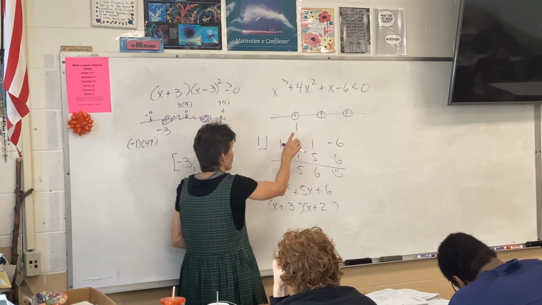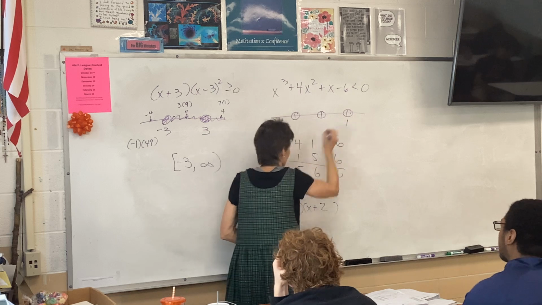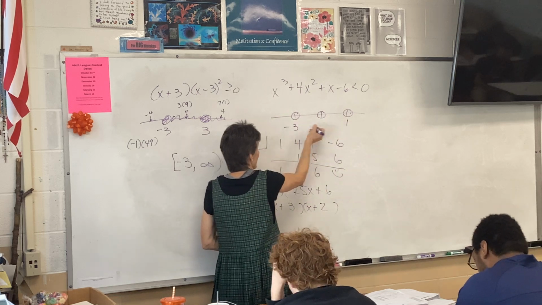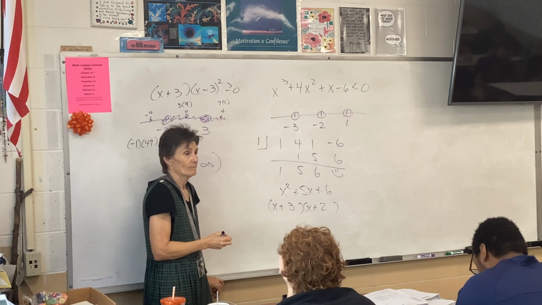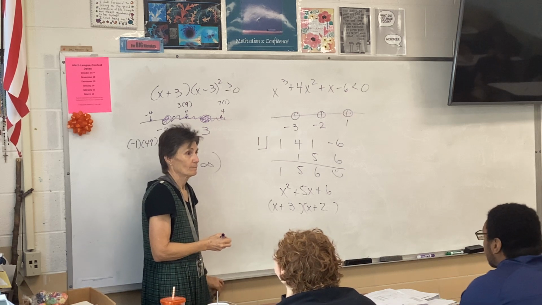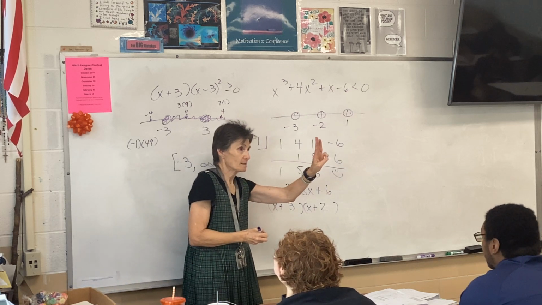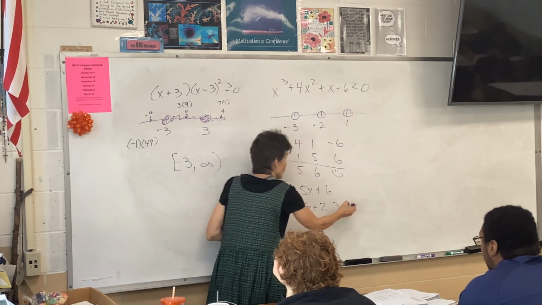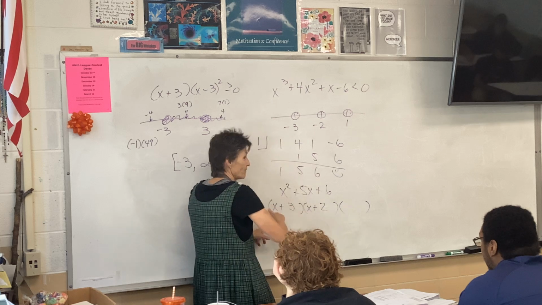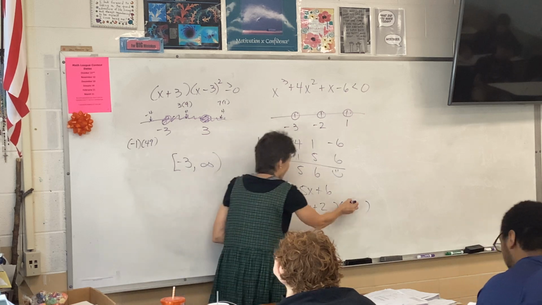So I'm going to have to move this 1 over to here, because now my other dots are at negative 3 and negative 2. 3 dots means 3 factors. Here are 2 of them. What's the other factor? X minus 1.